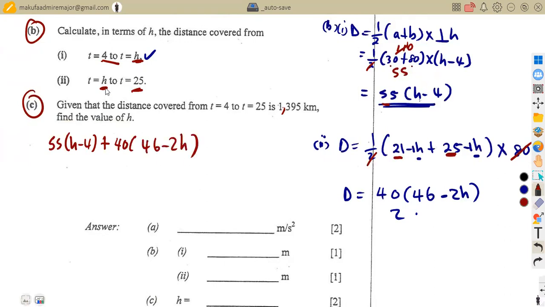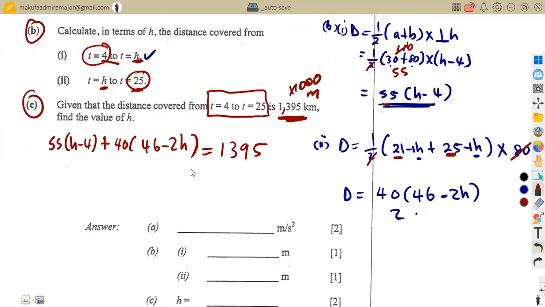So this whole distance was covered from t is equal to 4 up to t is equal to 25. But now we are given the numerical value, which is 1.395 in kilometers. Our distance is supposed to be in meters, so we multiply this by 1,000. That is going to be 1,395 in meters.